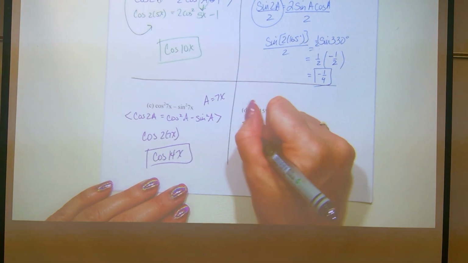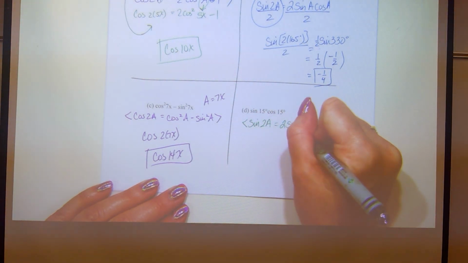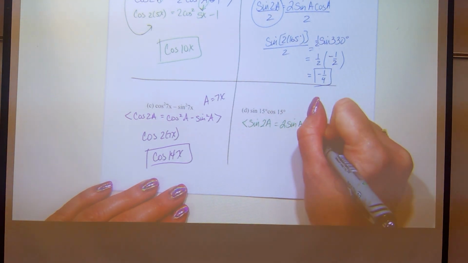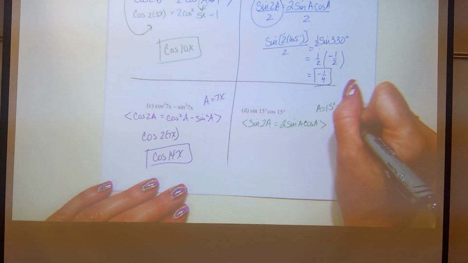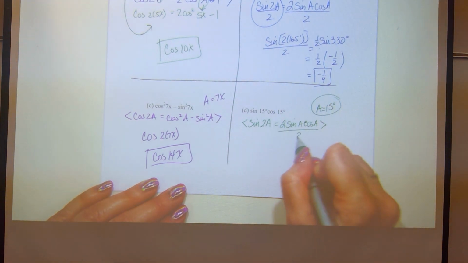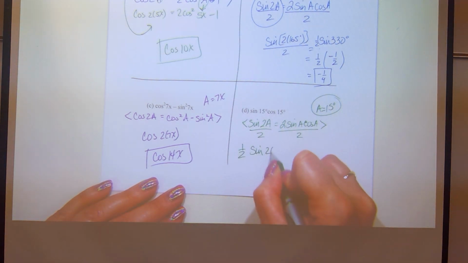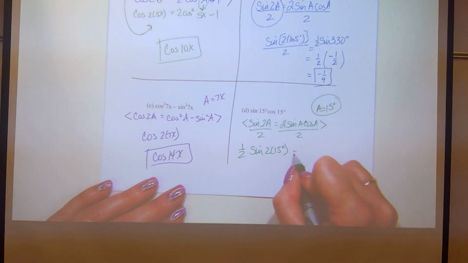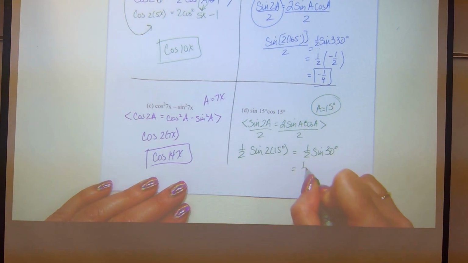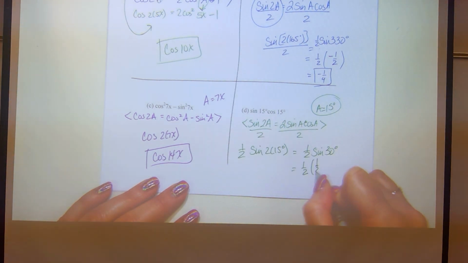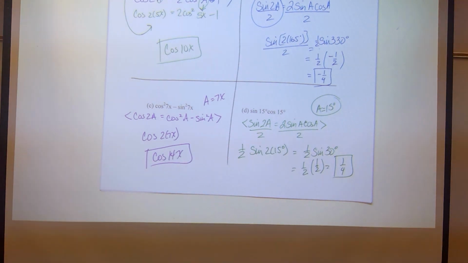Again, this looks very similar to my double angle sine identity, but that would have a 2 in front. 2 sine A cosine A, where A is 15 degrees, but I have to divide out that 2. So that's 1/2 sine of 2 times 15 degrees, which is the same thing as half the sine of 30 degrees, and the sine at 30 degrees is a positive 1/2. So that simplifies to a positive 1/4.